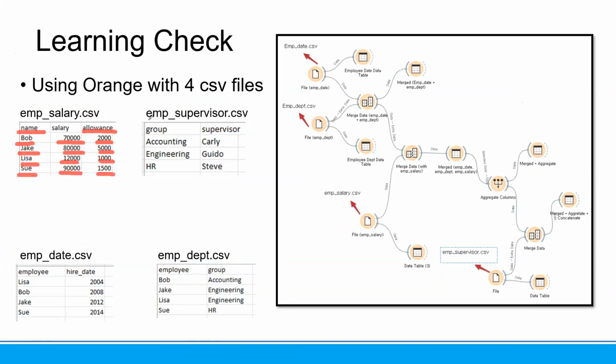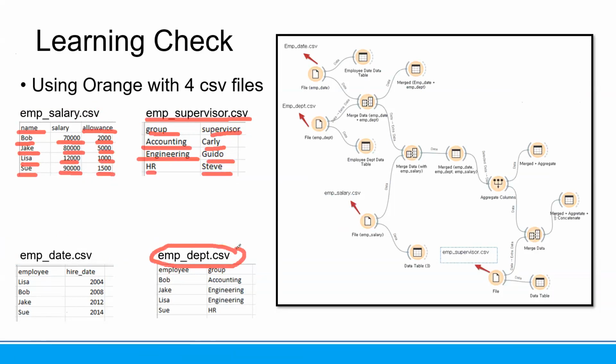In the second data, we have employee supervisor. It is group, maybe this is the department. So the accounting department, the supervisor is Carly. In the engineering department, the supervisor is Guido. The HR department, the supervisor is Steve.